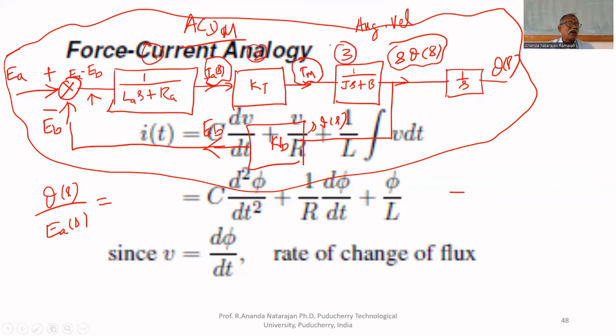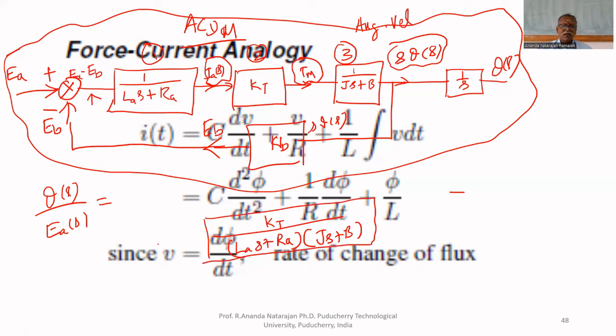In the frequency domain, all the blocks can be multiplied. Therefore, if I multiply all the blocks together, I get KT upon LAS plus RA multiplied by 1 upon JS plus B. I multiplied all three blocks together. Now I can get the simplified block diagram like this.